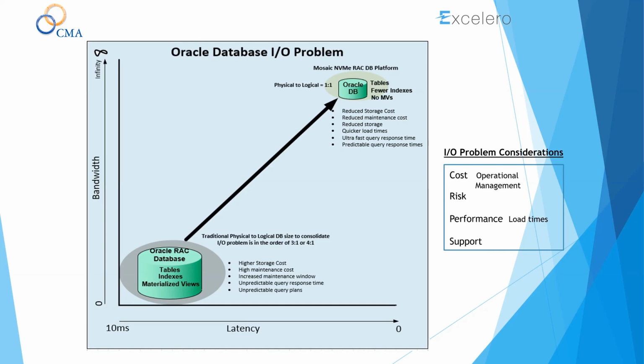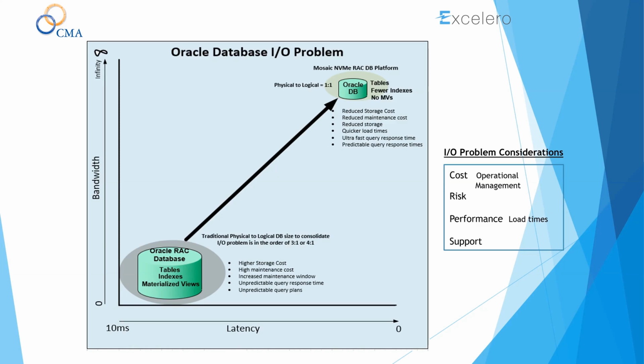If we look at the Mosaic SD, our Oracle RAC cluster using Mellanox and NVMesh, we're up in the right-hand quadrant, and we'll show that with this customer. We've been able to get rid of all of these derivative objects on this implementation of the Oracle RAC platform because our bandwidth is so much higher and our latency is so much lower. If you have a 1 terabyte table and it takes 60 minutes to scan it, that's much different from having a 1 terabyte table and bandwidth of a terabyte per second.